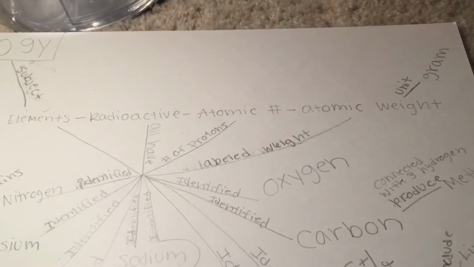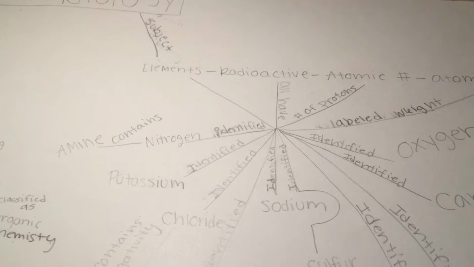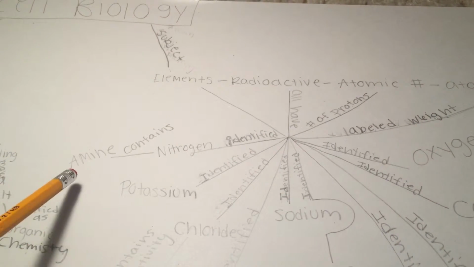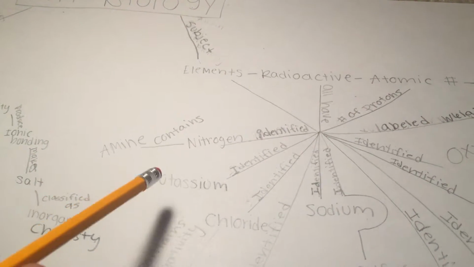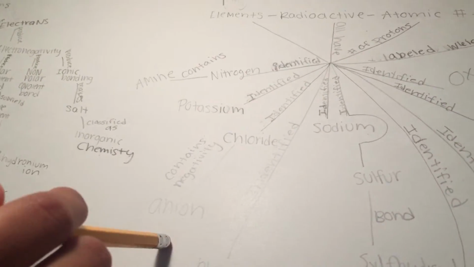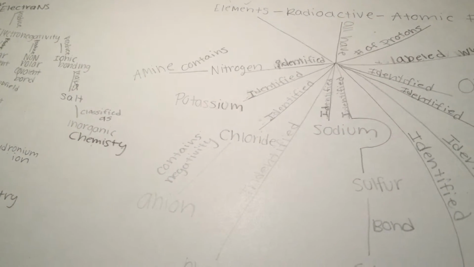Starting with nitrogen, I put "identified as" just because they're all identified on the periodic table. Nitrogen contains amine, then I went to potassium, just left it by itself, and then went to chloride, which contains an anion because it has negativity in it, so I added an anion to chloride.